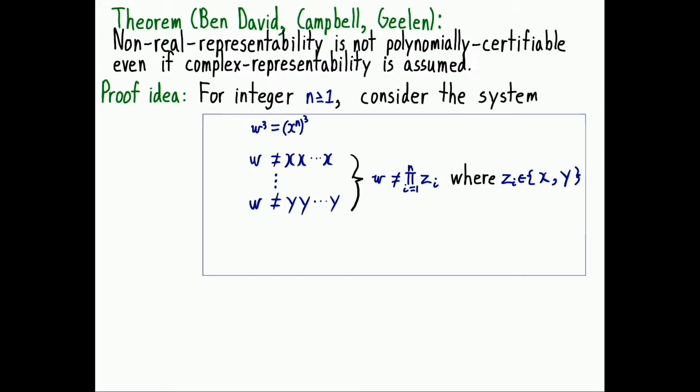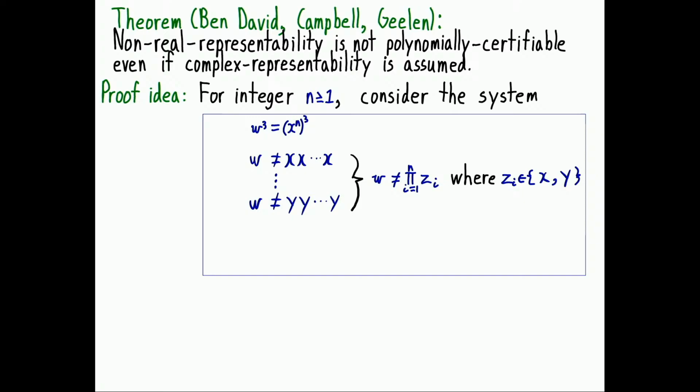So we'll want exponentially many equalities or inequalities, and we do this by having a dummy variable y, and we now have exponentially many. We have words in x and y, and none of these products is w.